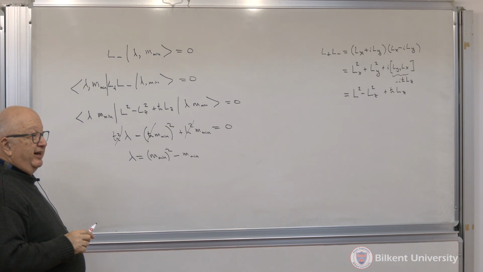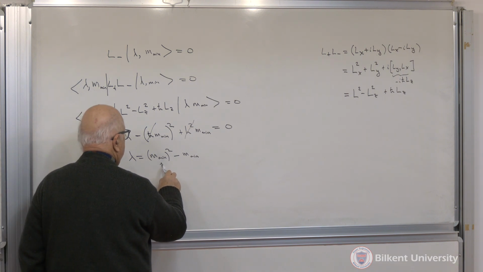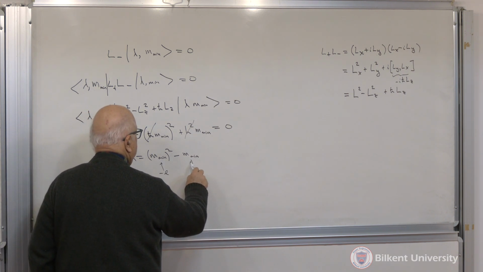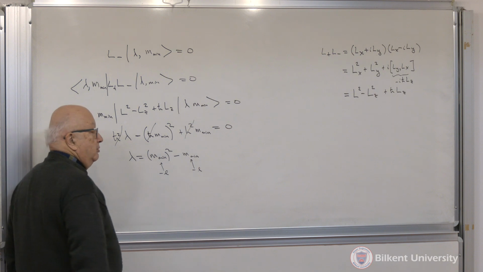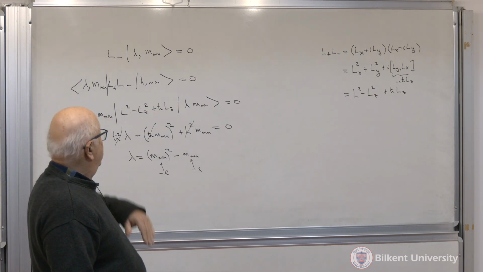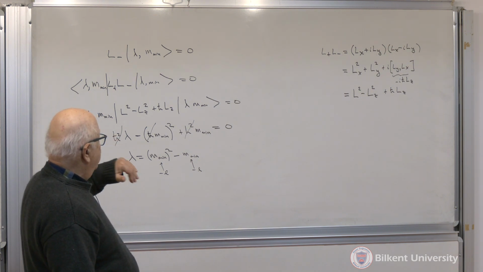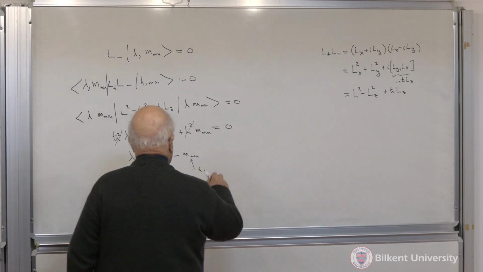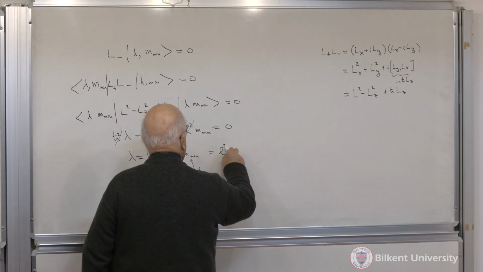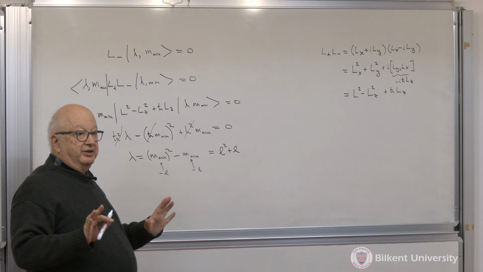If I substitute minus L for m minimum, that's my prediction: if the maximum m is plus L, the minimum has to be minus L. You see that I again get L squared plus L. So it is consistent.